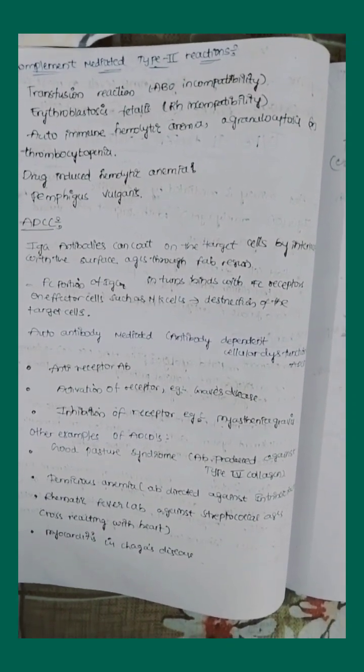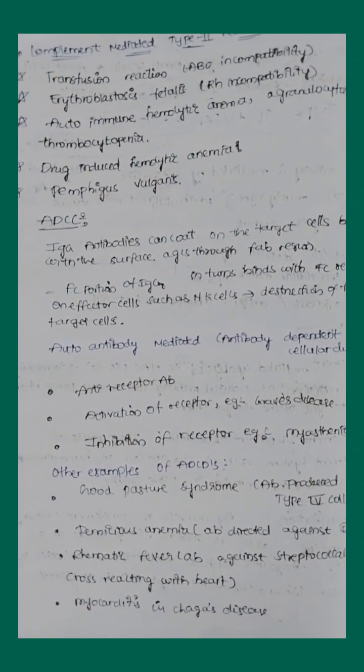Erythroblastosis fetalis, we know already. RH incompatibility: RH negative female, RH positive fetus. The RH positive fetus will develop in an RH negative mother, and during delivery of the baby, placental rupture will occur, and the RBCs will get into the mother's bloodstream, and the mother will get sensitized.